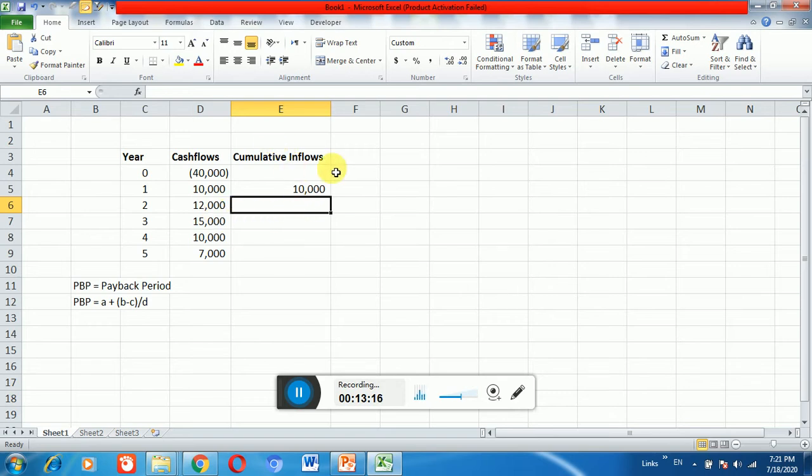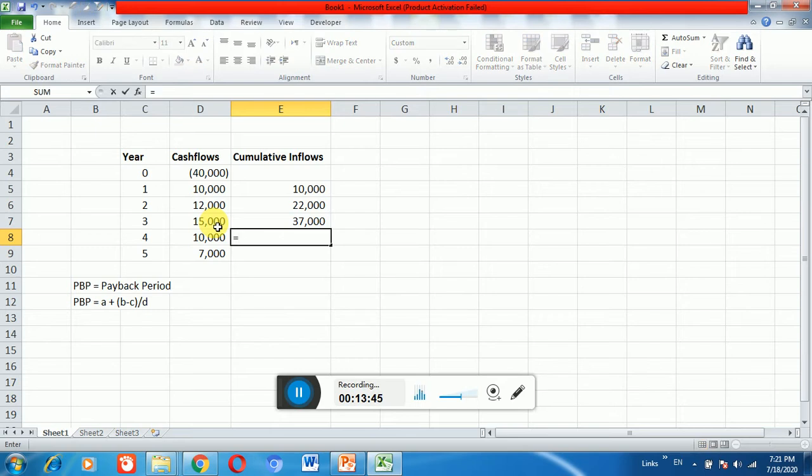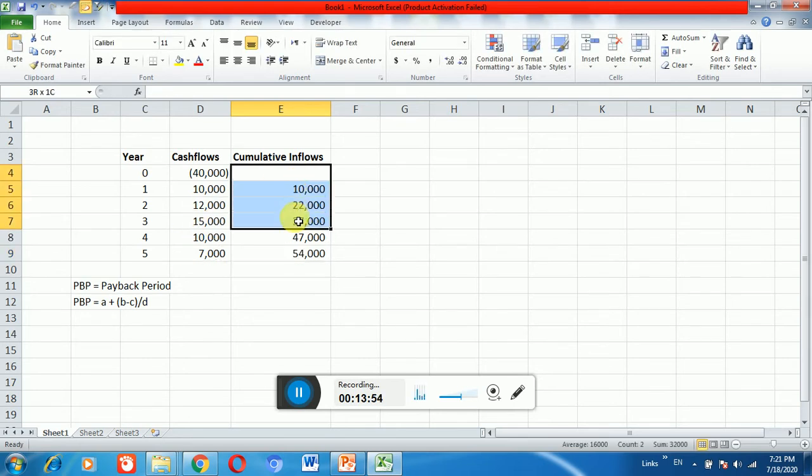After 2 years, the total cash flow is 10,000 plus 12,000, so these should be added, which means 22,000 in 2 years. In the third year, 22,000 plus 15,000, then in the fourth year 37,000 added with 10,000, and finally 47,000 added with 7,000. So dear students, this column is for cumulative cash inflows.